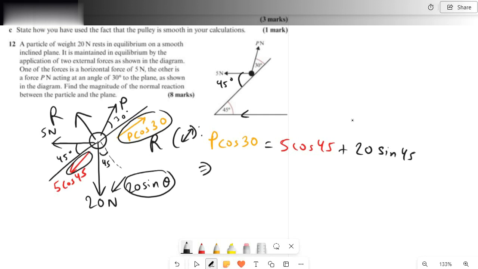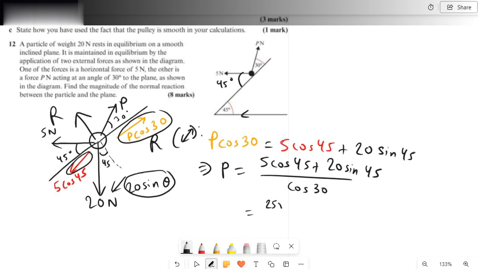So therefore we can find P, which is gonna be 5 cos 45 plus 20 sine 45 whole divided by cos 30, which is exactly 25 root 6 by 3 newtons.